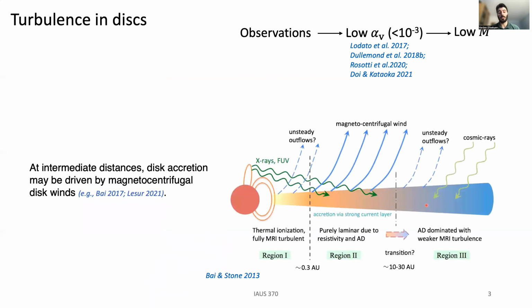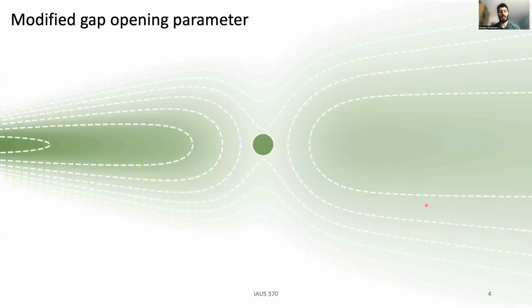And such a possible mechanism responsible for this kind of disk structure is the MHD wind, the magnetocentrifugal wind. And here we are studying the gap opening process in the disk with this MHD disk wind.